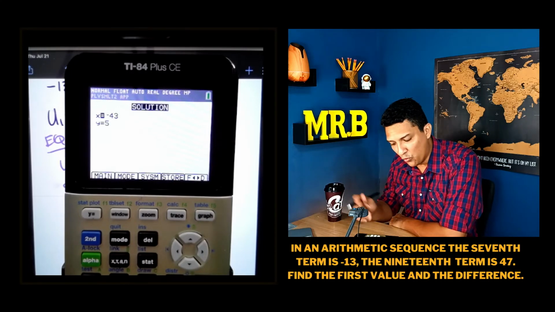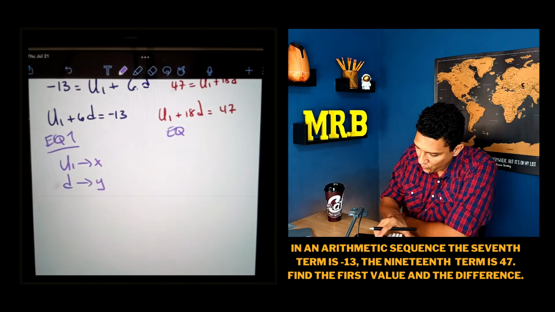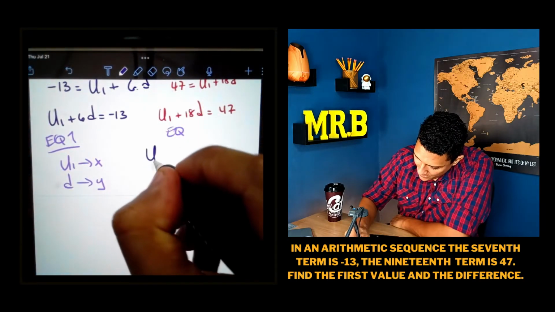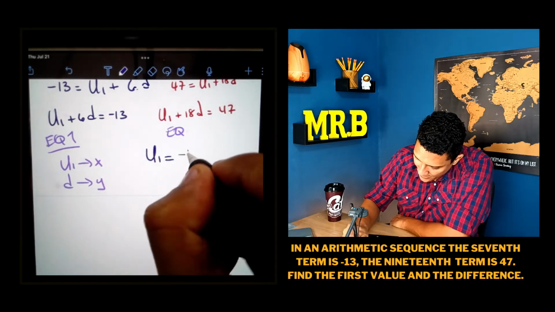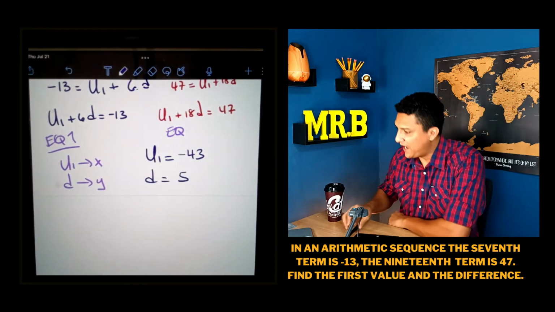Remember, x is u1 and it gave us negative 43 and d equals 5. So I found that u1 is negative 43 and d equals 5. If you found other values, that means that you input the equations wrong in the calculator. So that is the first example.